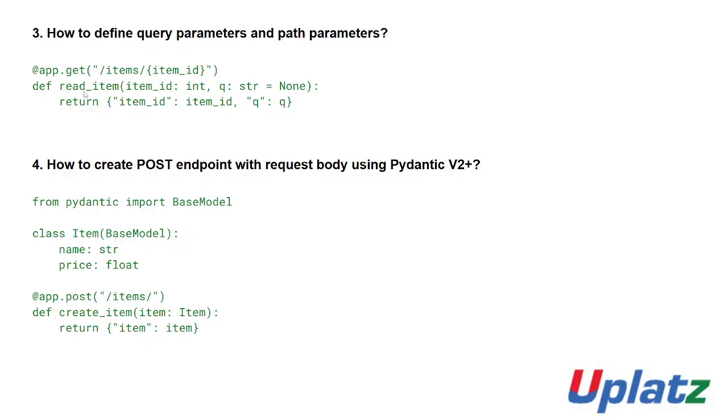Now def read_item(item_id: int, q: str = None): and return {"item_id": item_id, "q": q}, where q is the query parameter used here, and item_id is the path parameter.